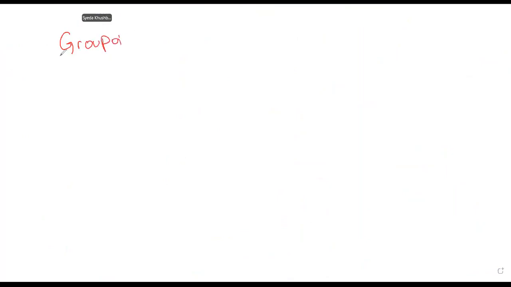Now I'm talking about groupoid only. What was the criteria? If S is closed with respect to star, this was the criteria. Now, for this, we need to have a set S and we need to have a binary operation, right? So, let's talk about the set of real numbers. What is S?